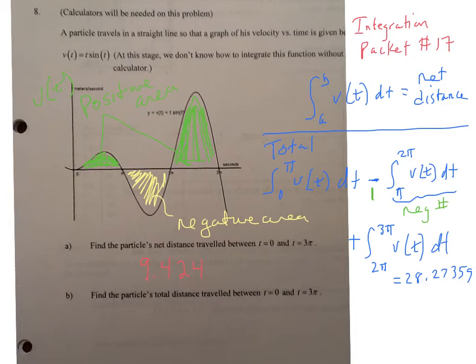Okay. Now, a simpler way to do that, assuming that you actually have a problem like this where you need a calculator to solve it, you could just put in your calculator going from 0 to 3 pi, the absolute value of the velocity dt.